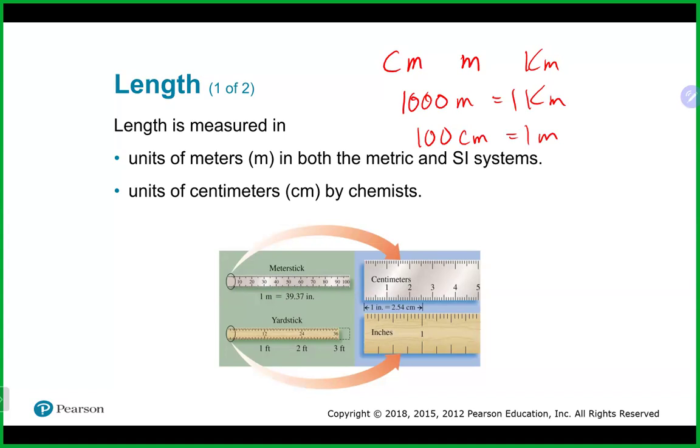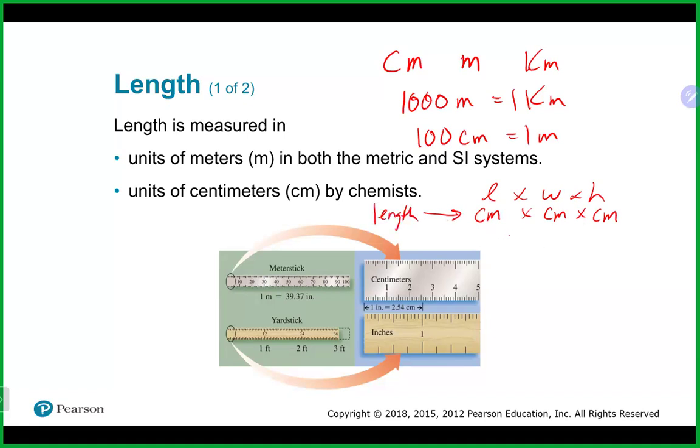How do we get length measurements? Well, we use a ruler a lot of times to measure length. By the way, we talked about volume a second ago. You could actually take three length measurements together to get a volume. For example, if we measured a cube and took the length times the width times the height, and we measured each of them in centimeters, each of these individual measurements are length measurements.